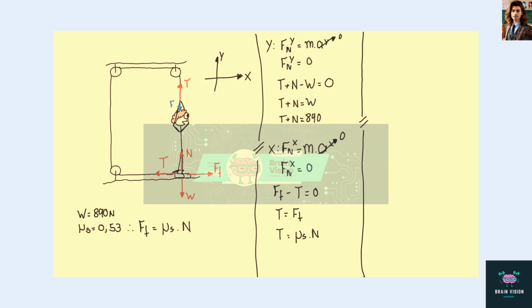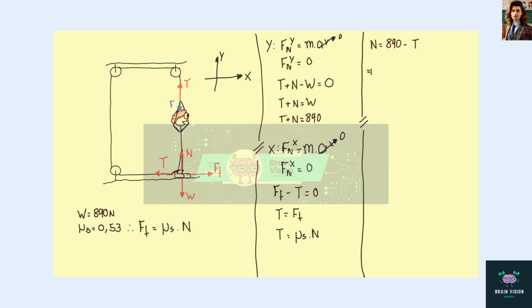And then we have to calculate the value of the normal force. To do that, we can go back to this equation and solve it for the normal force. By doing that, we get the following. The normal force is equal to 890 minus the tension force. Then we can use this result in this other equation and solve it for the tension.